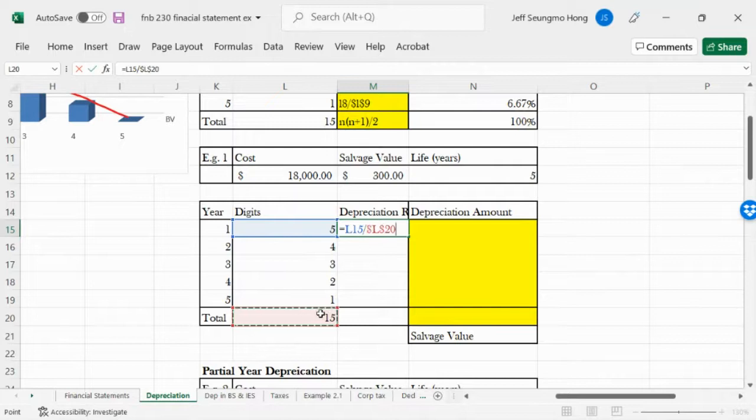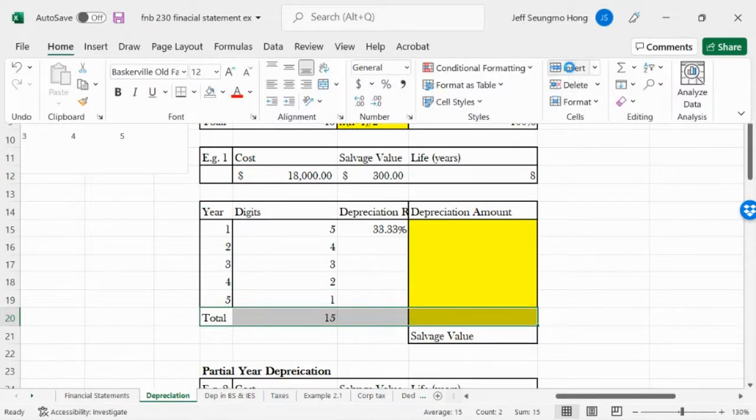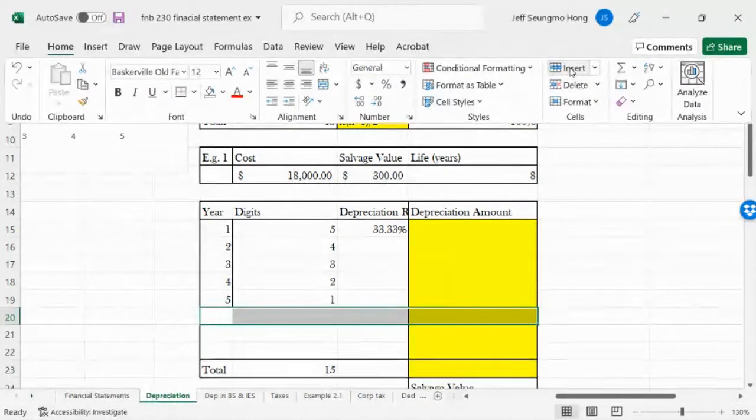Let's make it a little more interesting. First, how about service life 80 years, right? Then it will become a little unwieldy, but I will then insert 3 rows.